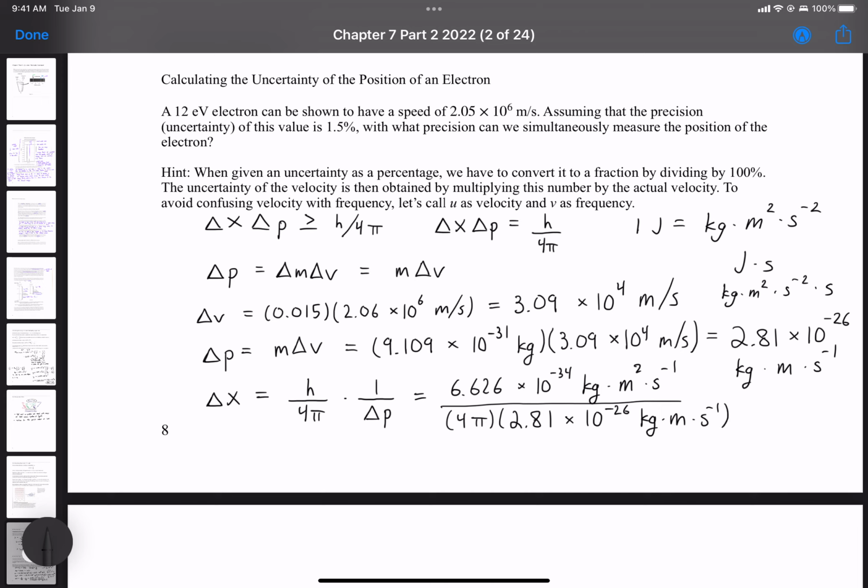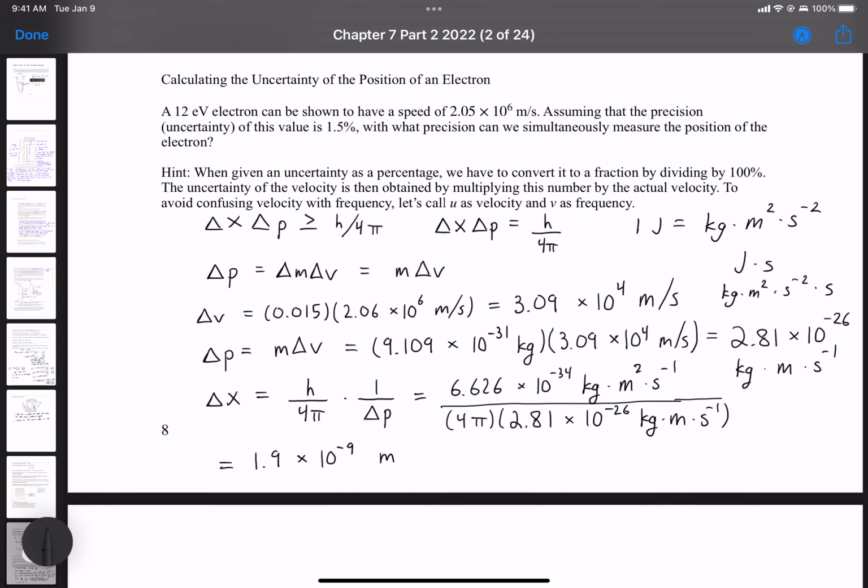Sorry, I keep getting that mixed up. Okay, so now if we solve for this, we will get 1.9. So the kilograms cancel, and then you're left with meters. So we get 1.9 times 10 to the negative 9 meters.